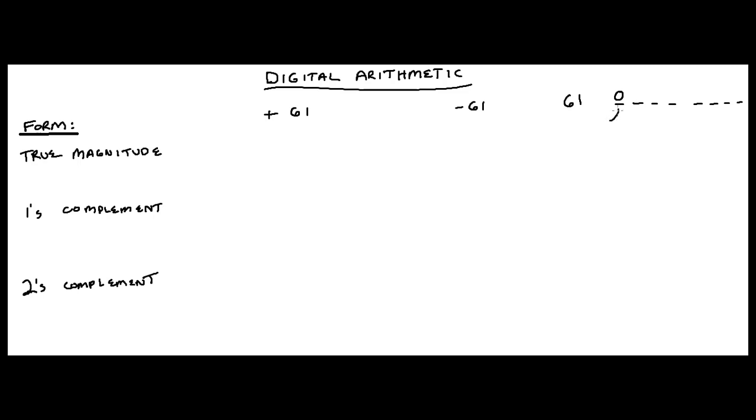So we know we're dealing with a positive number, so since it's positive, it's a 0. So let's just write this 1, 2, 4, 8, 16, 32, 64, okay?